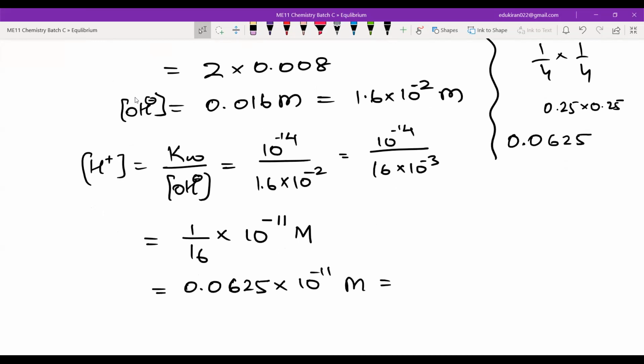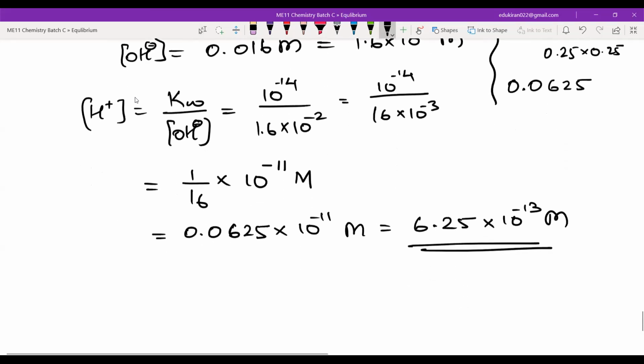Then you will write this in scientific notation, which will be equal to 6.25 into 10 to the power minus 13 molar. Okay, so write this down. So we have calculated the concentration of H plus ion. Then you have to calculate the pH. It will be equal to minus of log of the concentration of H plus ions.